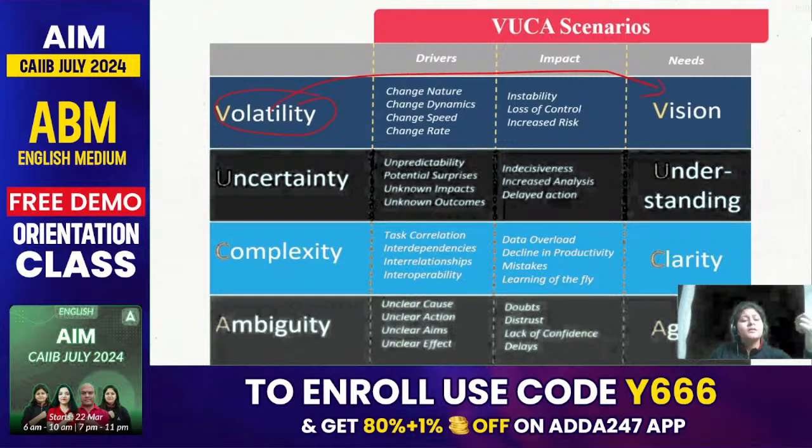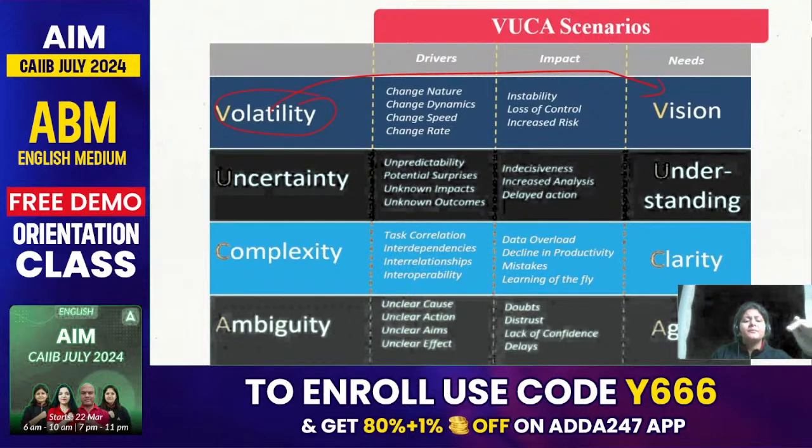Uncertainty means you are not clear about the unknown impact and unknown outcome. The complete situation is unpredictable. We are not even clear what can happen after 1 week. So at that point of time, you need to understand the situation.